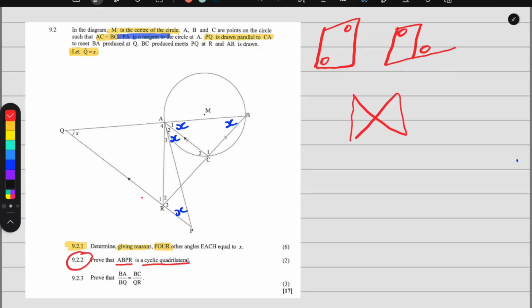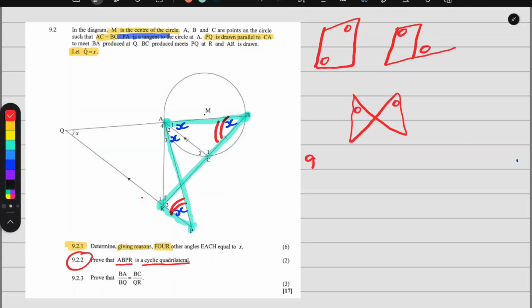Or you look for a butterfly and this is equal to that, then this is a cyclic quad. So it's A, B, P, and R. A, B, P, R. Do you see here? I see a butterfly. Do you notice that this is equal to that? And therefore, that is a cyclic quad.